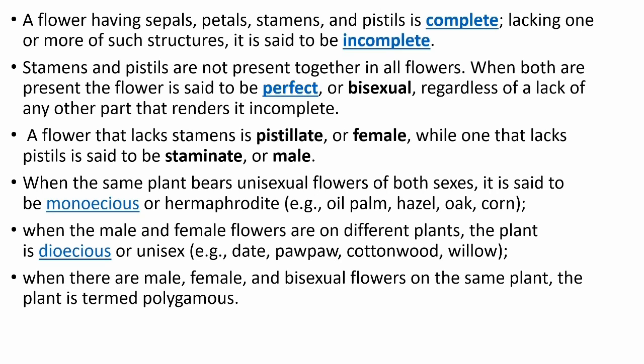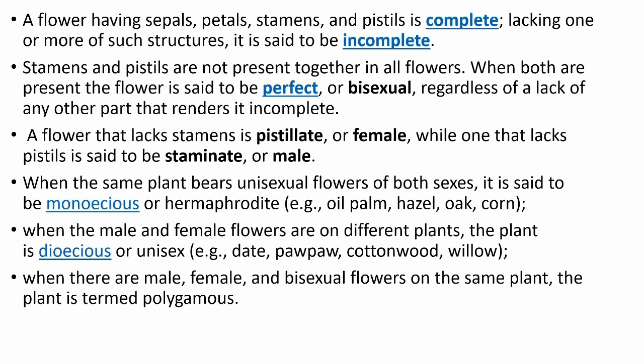Then another situation we could have is when the male and the female flowers are on separate plants. This is referred to as dioecious, which we also refer to as unisex. Examples are the date plant, the pawpaw, the cottonwood, and the willow plant.